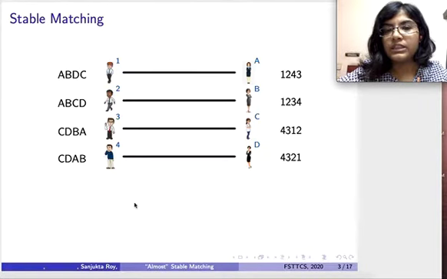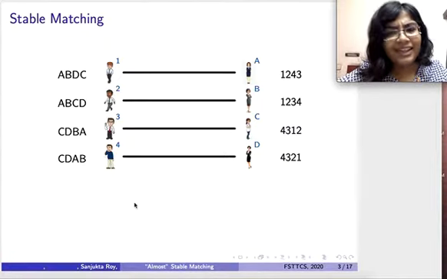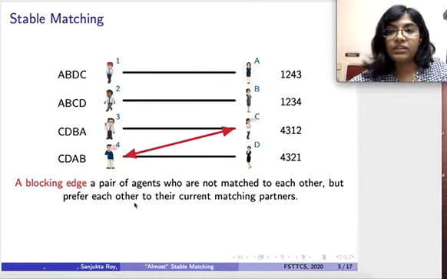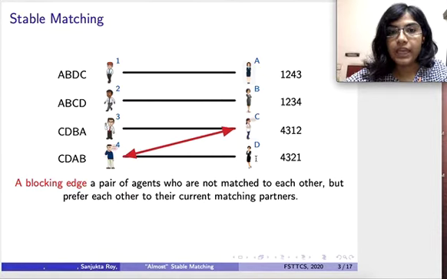Now let's say this is an assignment between the men and women, and we ask: is this a stable matching? If you look at 4 and C, they prefer each other over their current partners. What do I mean by that? 4 is matched to D but prefers C more than D, and C is matched to 3 but prefers 4 more than 3.